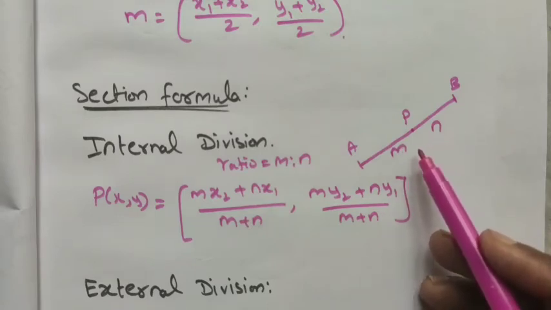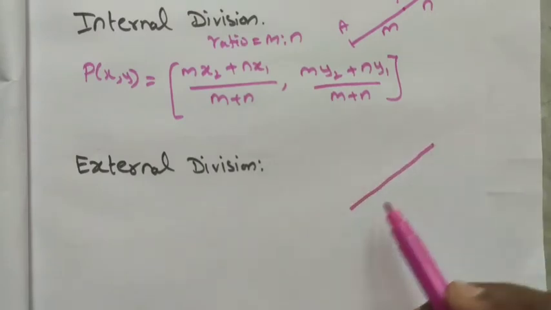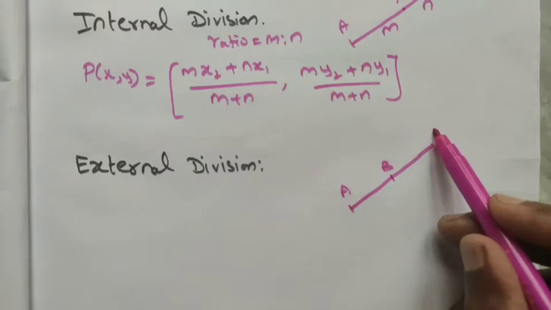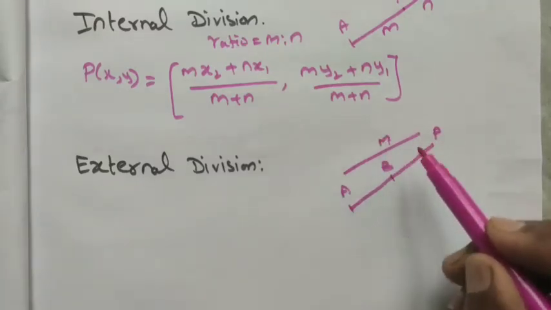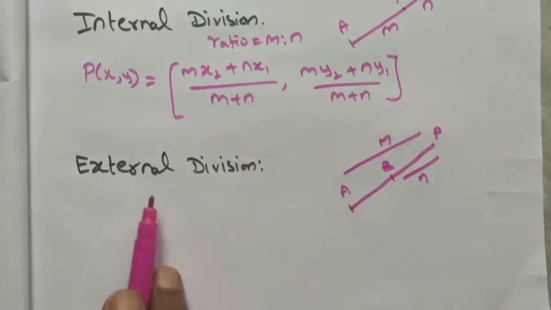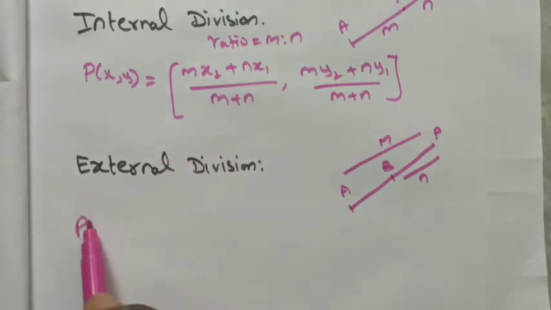Suppose it is external: we have the line, this is A, this is B, and the line is divided externally at P in the ratio M is to N. Externally means instead of the plus symbol we are going to use the negative symbol.